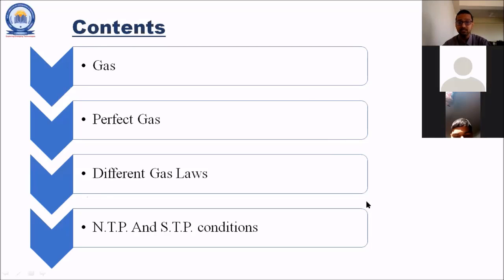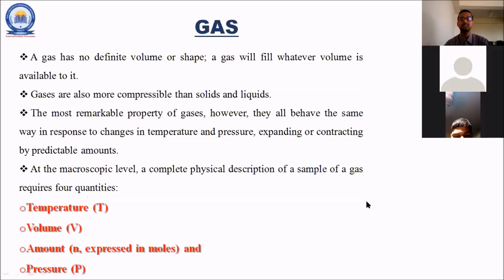So let us start with the first point, that is the gas. Dear friends, you are well aware that we have three states of matter of any substance, that can be solid, liquid and gas. So gas, if we consider, does not have a definite volume.